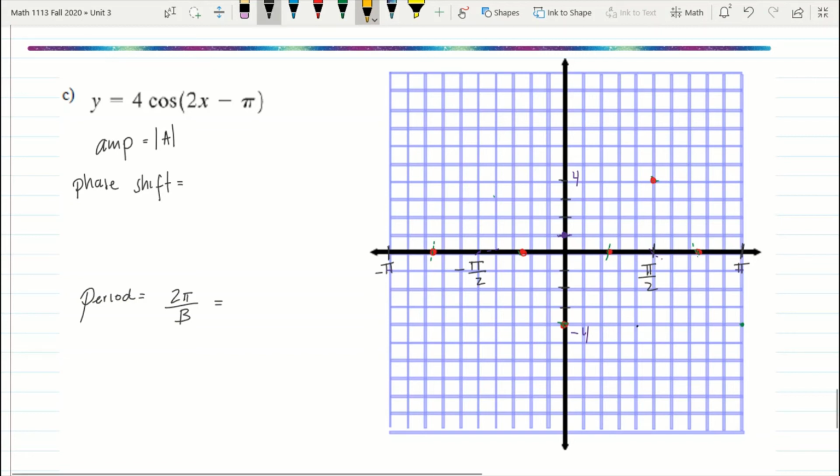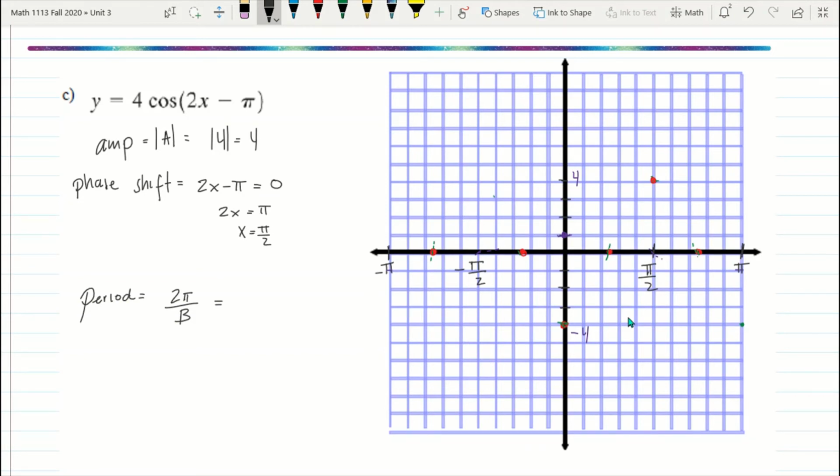We have the amplitude be absolute value of 4, so 4. The phase shift is going to be 2x minus pi equals 0, so 2x equals pi, and then x is equal to pi over 2.